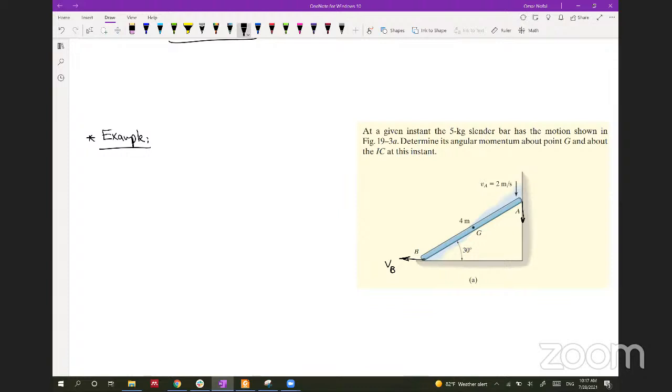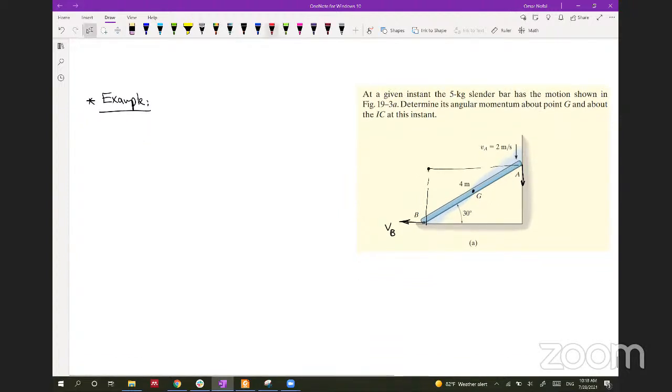Okay, determine its angular momentum about point G. So it needs the angular momentum about the center of mass and about the instantaneous center of zero velocity. So you will have to identify where the instantaneous center of zero velocity is. And as you know from before, you will draw a perpendicular to the velocities, something like this, and you will be able to identify where it is.